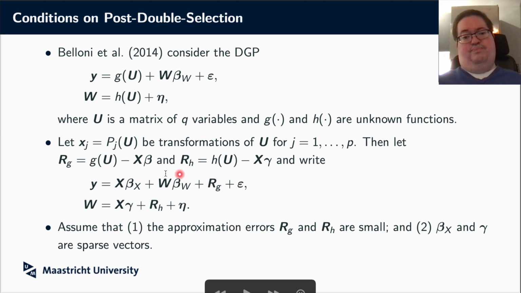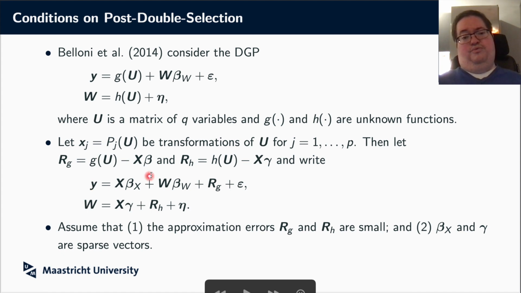Now, that is of course the crucial assumption that they make, that actually you can choose appropriate x's which may consist of these u's or may not, and may be transformations of these things. But either way, if we can approximate this with a relatively small approximation error, Rg, and for the same we do for h, if we can approximate that with a relatively small approximation error, then we can write down this linear model that we started off with.